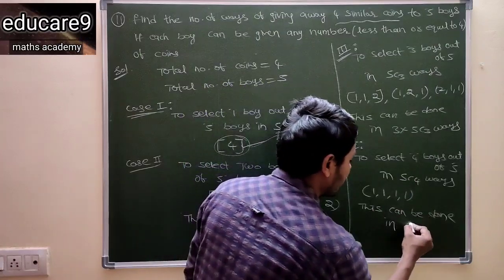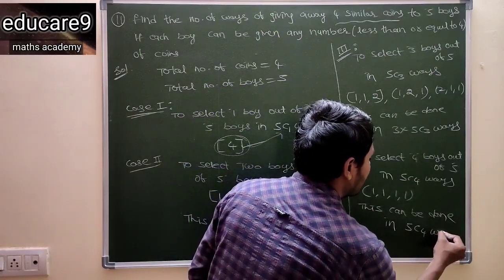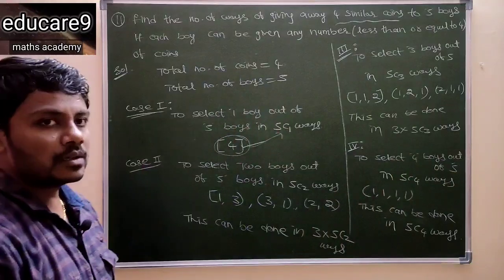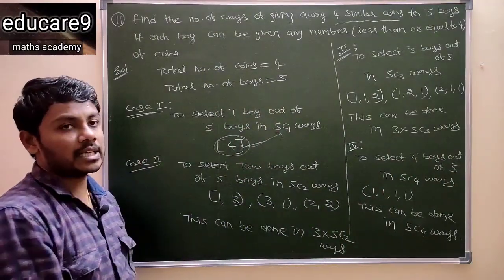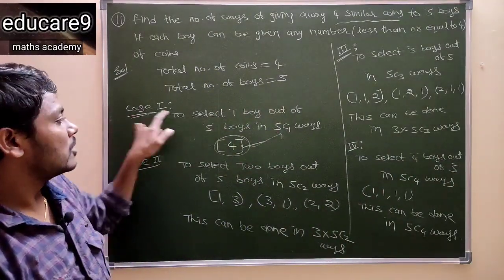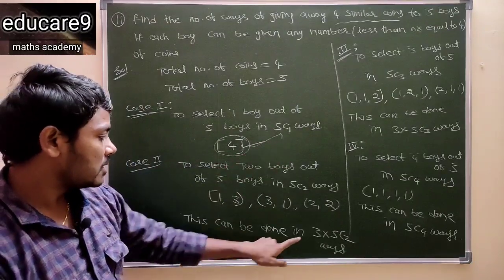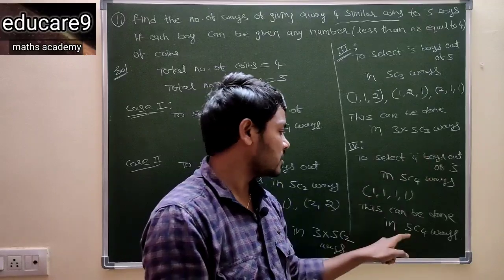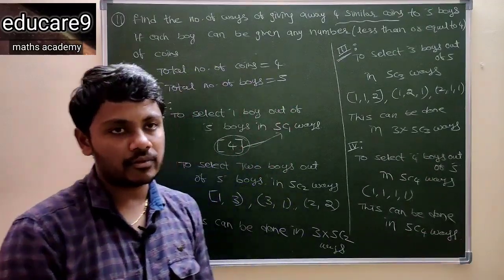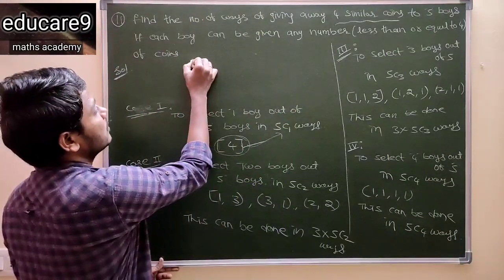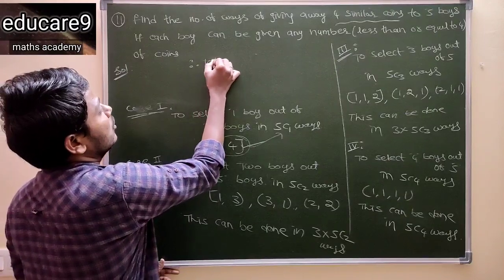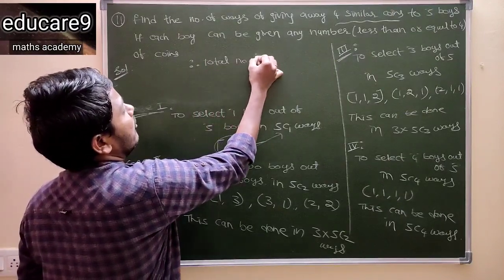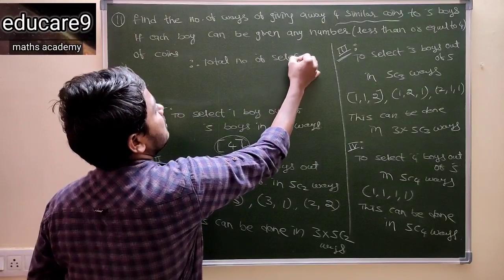1 into 5C4. So 5C4 ways. Okay. So your total number of selections are 5C1 plus 3 into 5C2 plus 3 into 5C3 plus 1 into 5C4. So see here, therefore total number of selections.